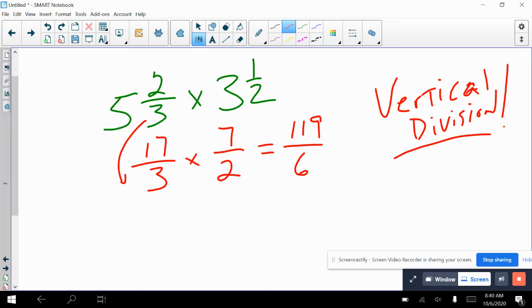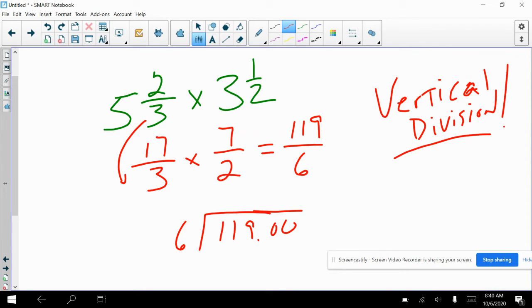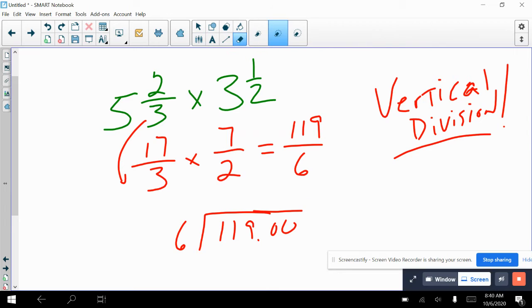You do not have to do this. I'm just showing you this. Because if we were to divide this, you would do something like this, correct? Instead of doing that, I'm going to do it vertically. Might want to watch.